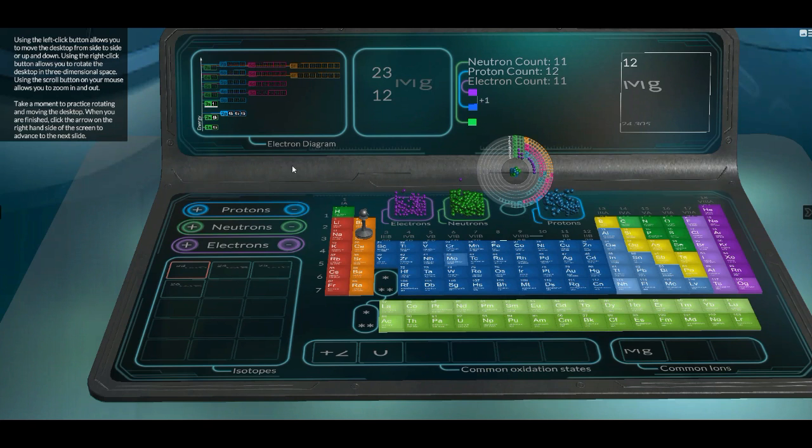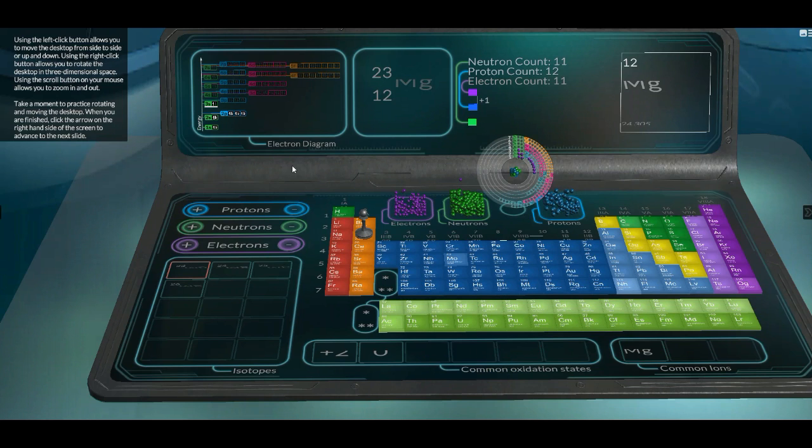you can guide them through learning a particular idea in what we call sessions, and you can see this is Intro to Atom Builder, which will tell you about the various features that I've gone through in Atom Builder. But we could also guide a student through learning about the electron configuration diagram or isotopes themselves.